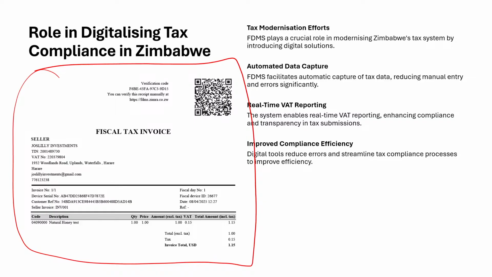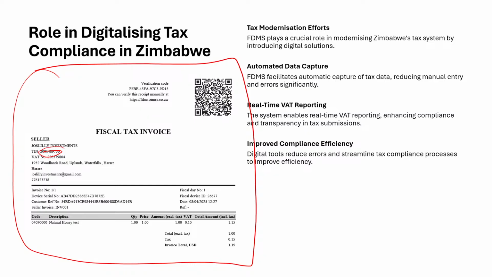So FDMS plays a crucial role in modernizing Zimbabwe's tax system by introducing these digital solutions. And also because of automation, this is automated. Whenever one fiscalizes the invoices, it will automatically capture the TIN number of the fiscalizer and the TIN number of the buyer.